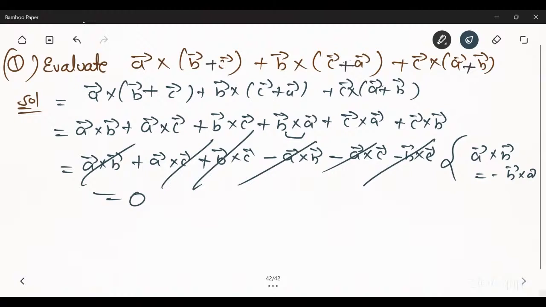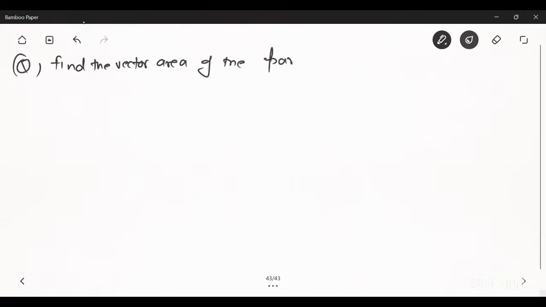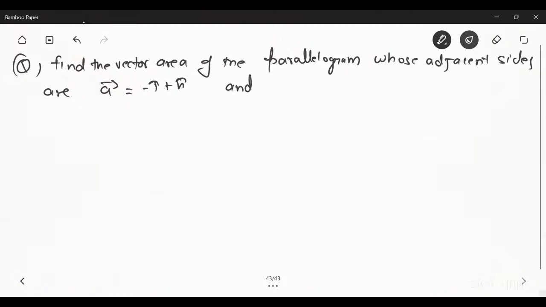Now the next question is: find the vector area of the parallelogram whose adjacent sides are A vector equal to minus i cap plus k cap and B vector equal to 2j cap minus k cap.